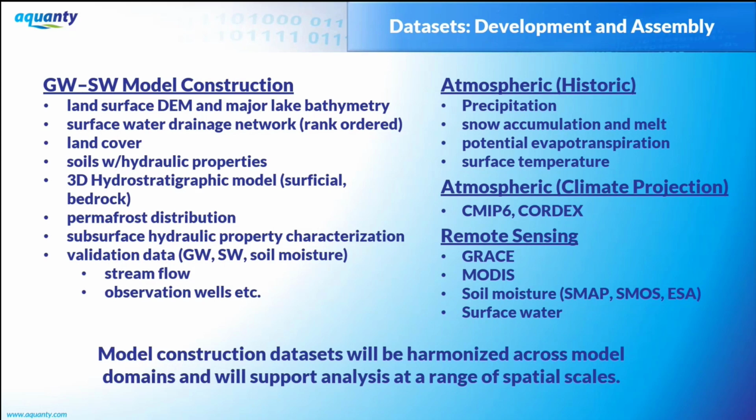Of course, we have to make use of historic weather, climate, calibrate the model, doing climate projections, existing databases, but also running WRF to produce an ensemble, not just one, so we can look a little bit at uncertainty. And then we also incorporate remote sensing into this model construction. And they have to be harmonized across the domain at a range of spatial scales. Next slide.